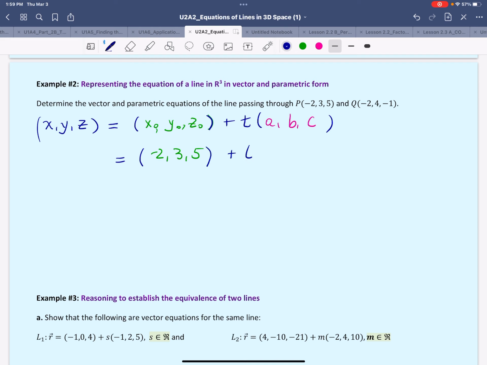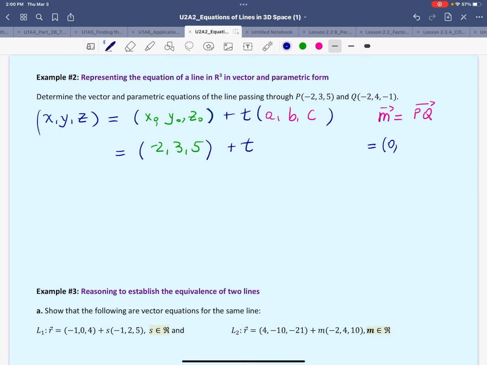And then plus t, now we have to figure out the direction vector. We just practiced how to find the direction vector. We're going to say that the direction vector m can be PQ itself or any multiple of PQ. So that means that we have PQ: -2 minus -2 will give 0. Next, y coordinate 4 minus 3 will give 1.